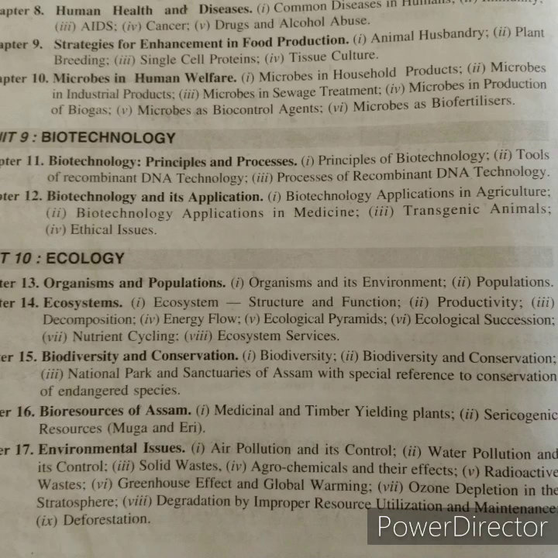The next chapter of botany is in your unit 10, that is ecology. The first chapter is organisms and population. Ecology is the study of structure and function of nature, according to Odum.